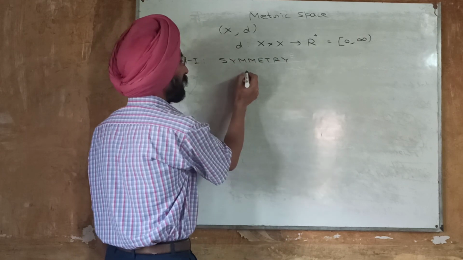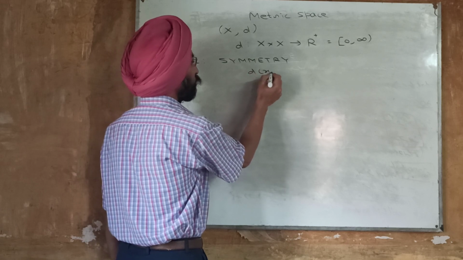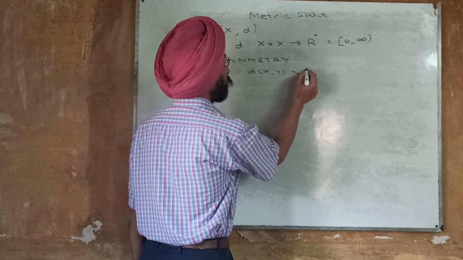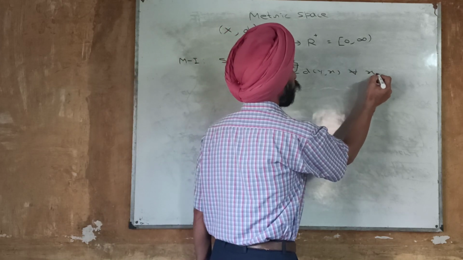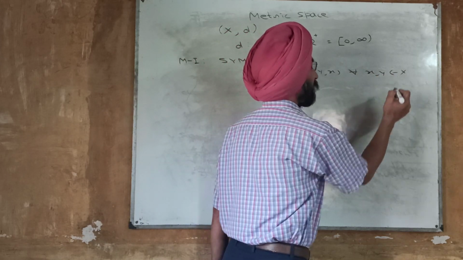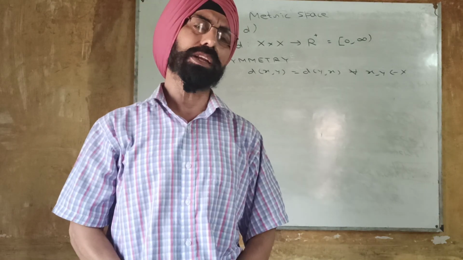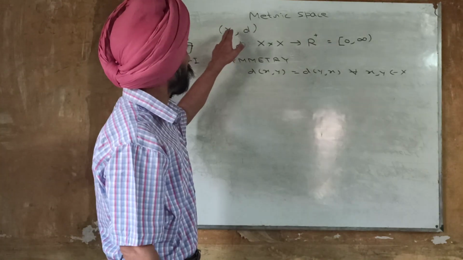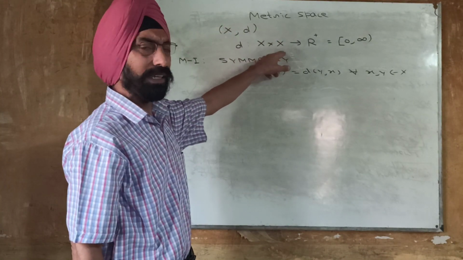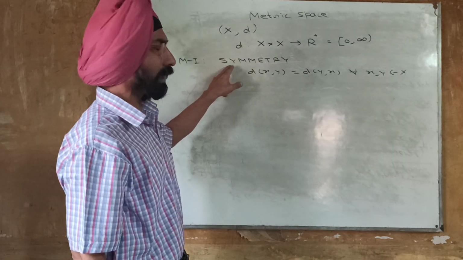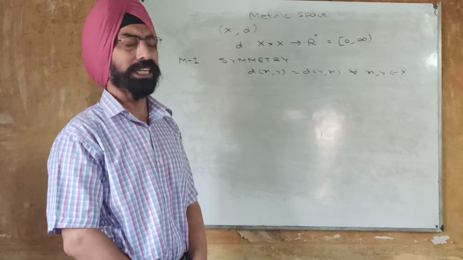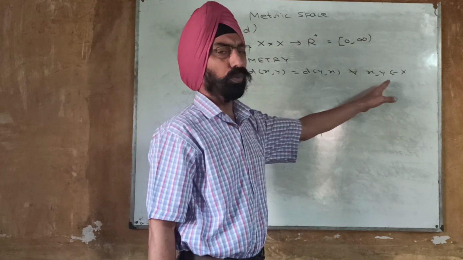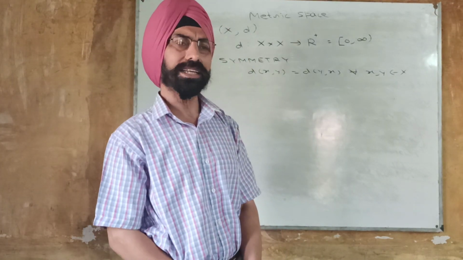Symmetry property means D of xy is equal to D of yx for every 2 points x and y of this set X. Whatever the values of x and y you take from this set X, the symmetry property states that D of xy is the same as D of yx for every 2 points x and y belonging to the set X.